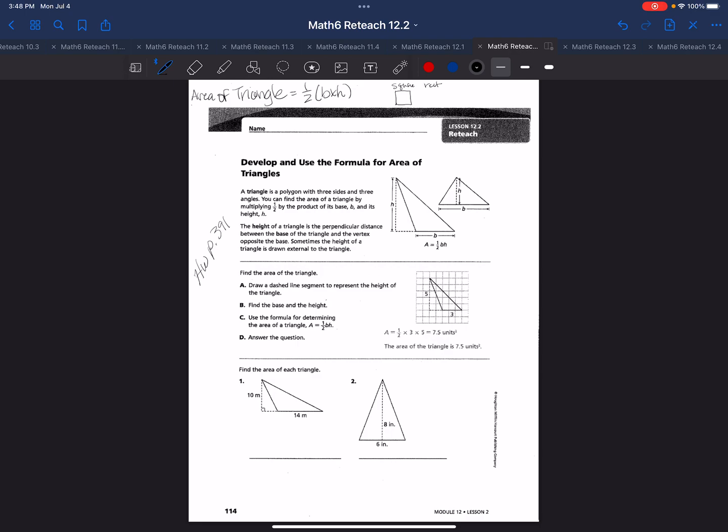Another quadrilateral would be a rectangle, and I know the area of that is base times height. And I can also see a trapezoid is a quadrilateral with the area of base times height.